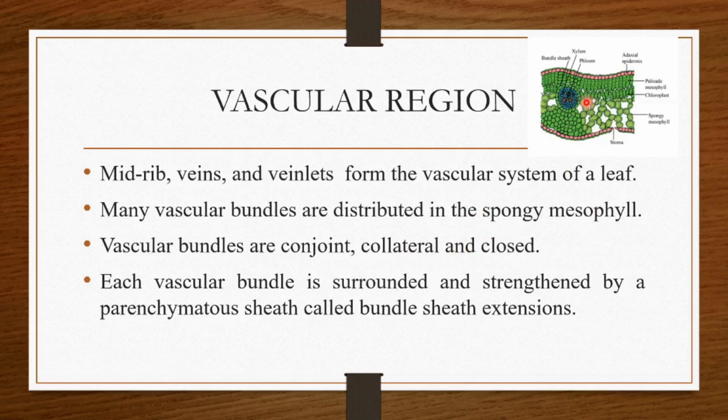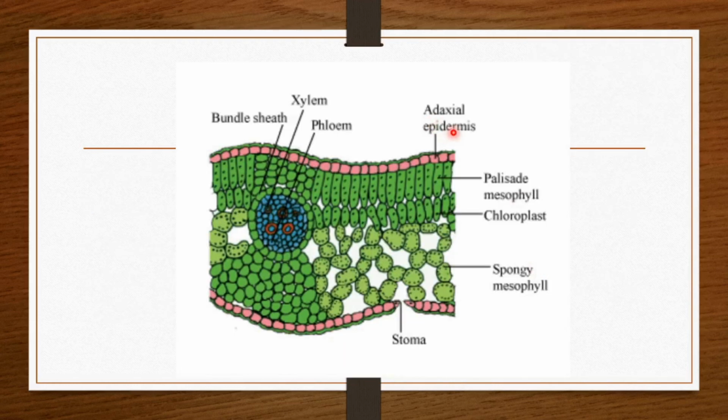Conjoined means the xylem and phloem lie side by side, and in between xylem and phloem there is no cambium, so the bundles are closed. And each vascular bundle is surrounded by a parenchyma sheath called a bundle sheath, and that bundle sheath is extended towards the upper and lower epidermis for their mechanical support, and that is called bundle sheath extensions.